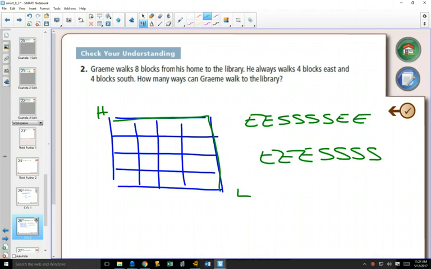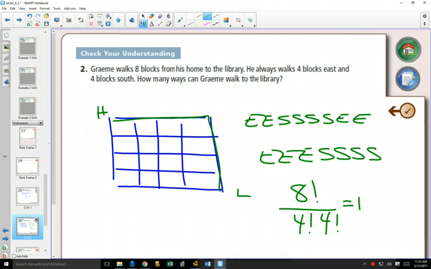How could we figure out all the routes possible? Well, if we thought of this as an identical objects question, once we've represented it, normally it would be 8 factorial if they were all different directions, but we have 4 easts and 4 souths.